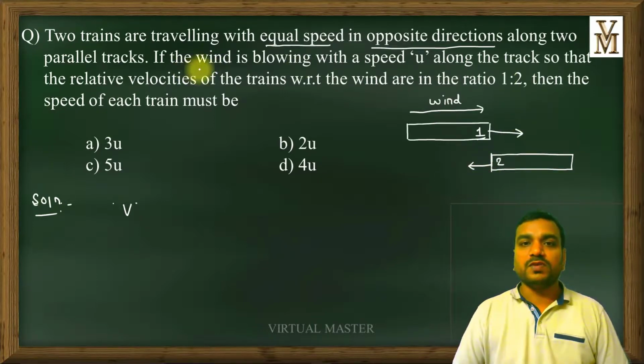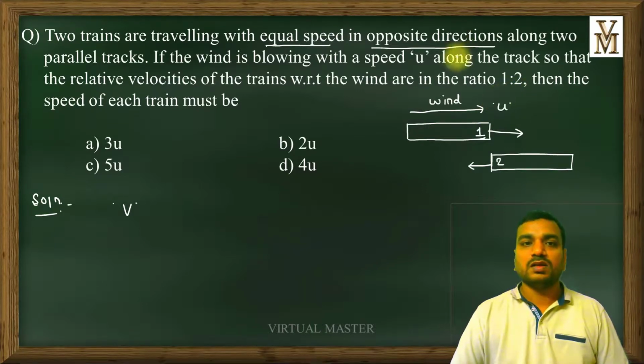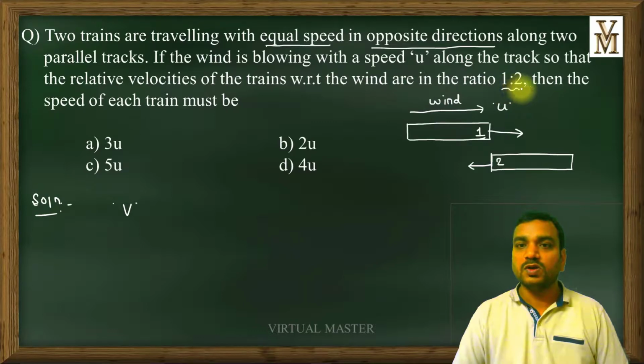Now if the wind is blowing with a speed u, let us consider a wind is blowing along the train 1. Okay, along the direction of the train 1, a wind is blowing and its speed is u. Now the relative velocities of the trains with respect to the wind are in the ratio 1 is to 2. That is, the relative velocity of train 1 with respect to the wind and the relative velocity of the train 2 with respect to the wind are in the ratio of 1 is to 2.